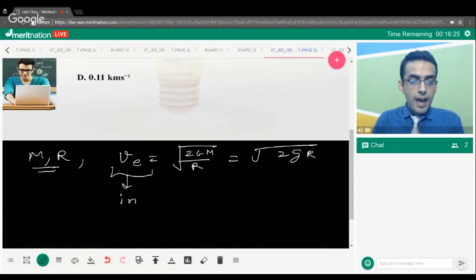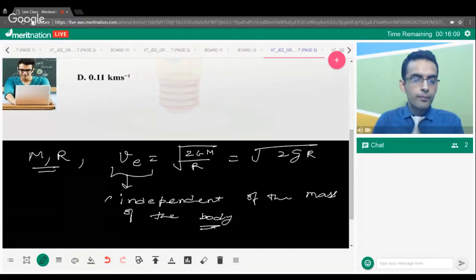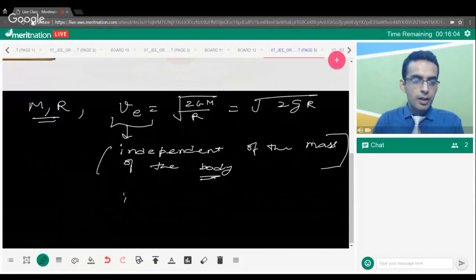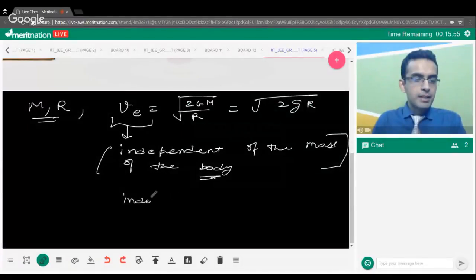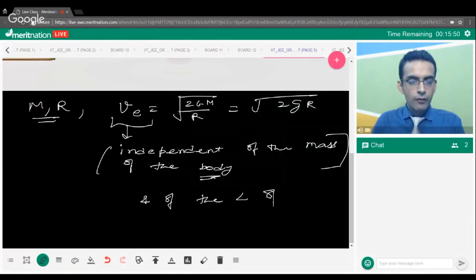And also it's independent of the angle, because you can see in the formula there is nothing like angle, right? So it's independent of the angle of projection also, right?